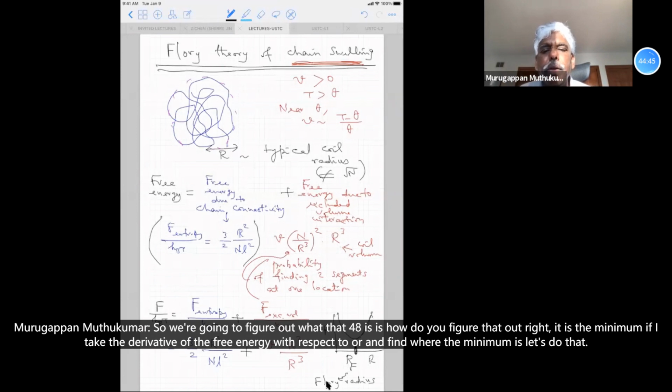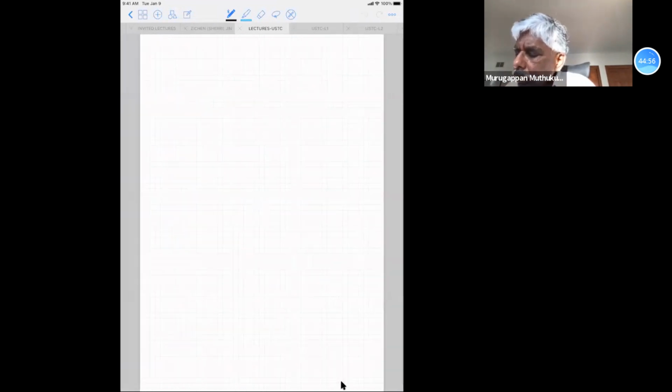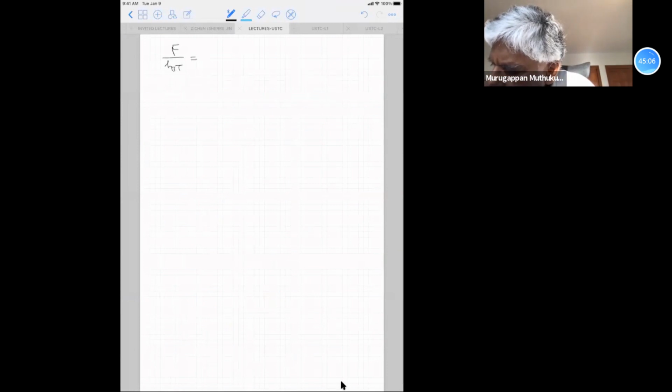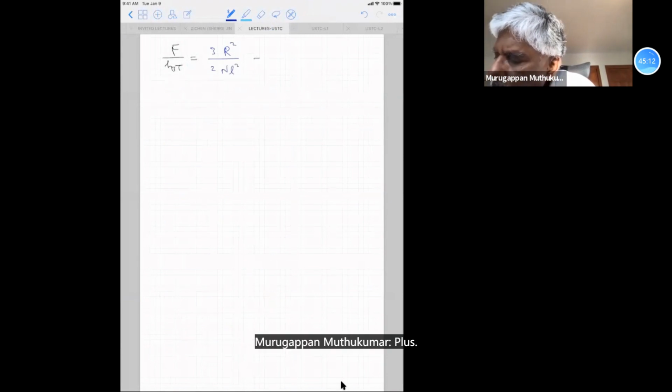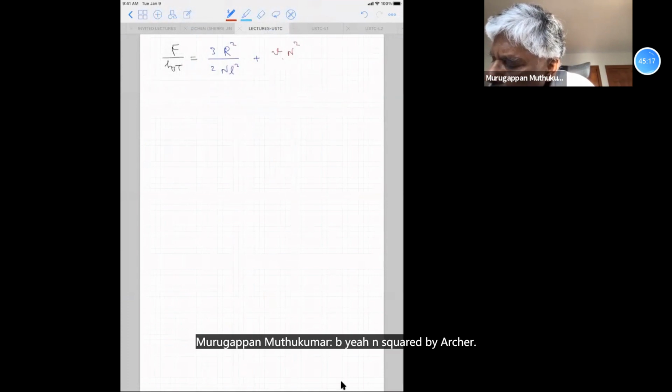How do you figure that out? This is the minimum. Therefore, I take the derivative of this free energy with respect to R and find where the minimum is. Let's do that. F by KT, I rewrite it again: 3R squared by 2 N L squared plus V N squared by R cubed.